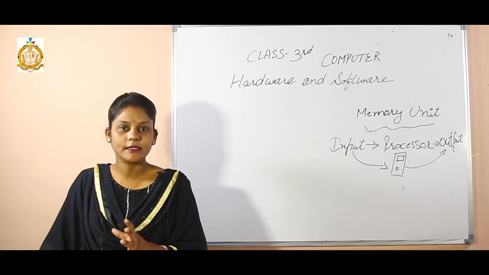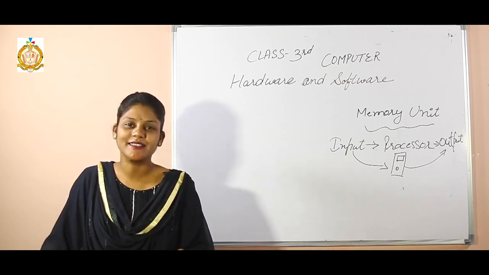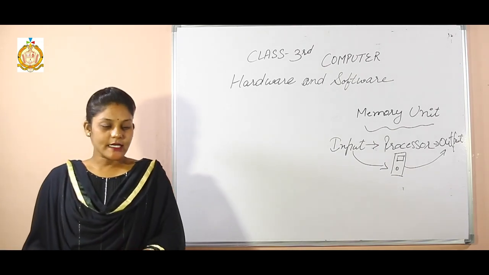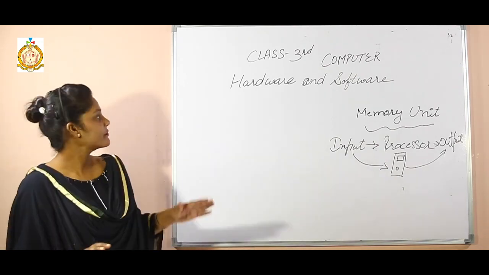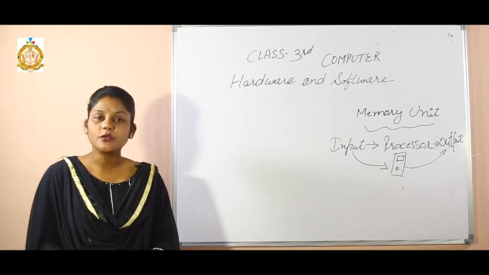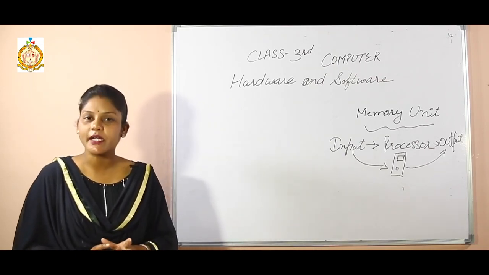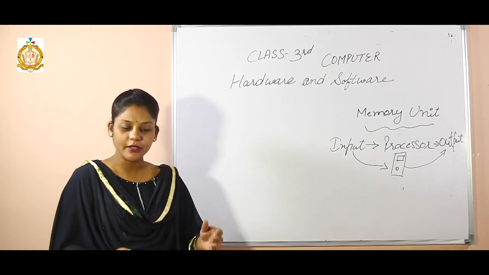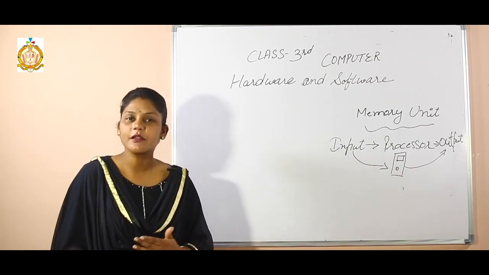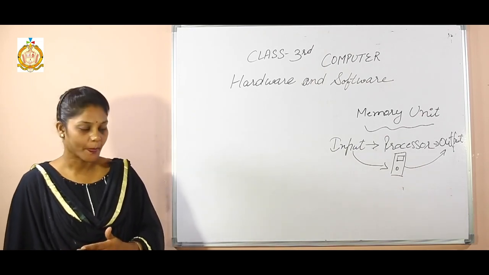Without both things, you cannot do anything with your computer. So please go through this chapter three or four times at least, with this video and with this book, and try to solve the exercise portion.